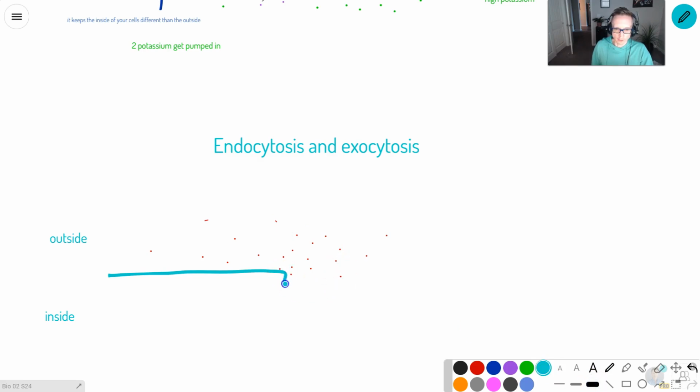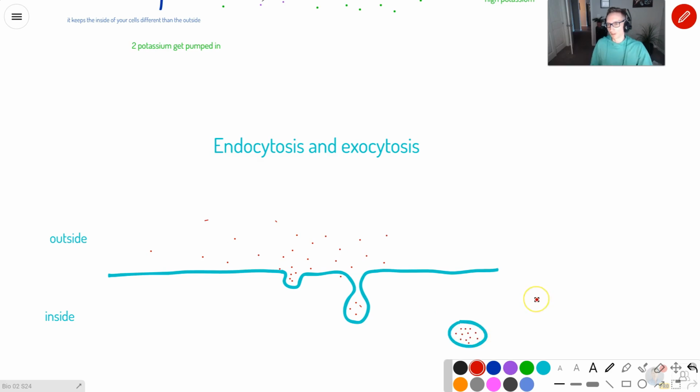What it can do is it can start to pinch off a little bit like that. And then over time, it'll pinch it off even more, like so. And then eventually, it'll just be fully pinched off. And this would, of course, be full of our little red goodies that it swallowed up. And now it's got its little red goodies in it.